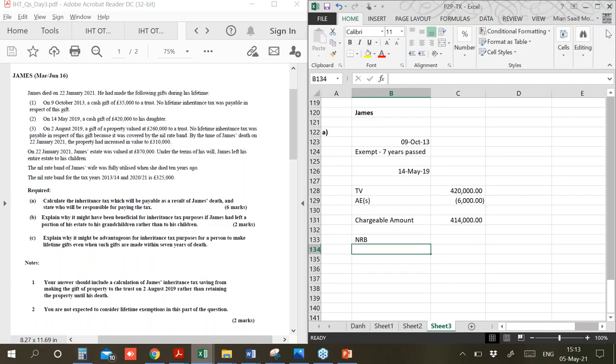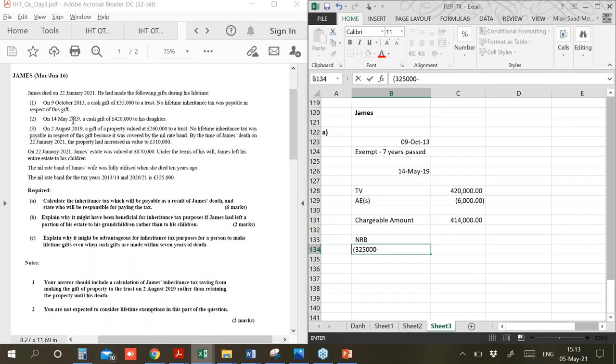But how much? The complete NRB is 325,000. But every time you give NRB to any transfer on death, always check whether there is any transfer in the 7 years before the date of that transfer. This transfer has been made on 14th May 2019.